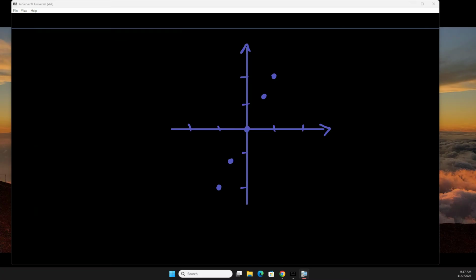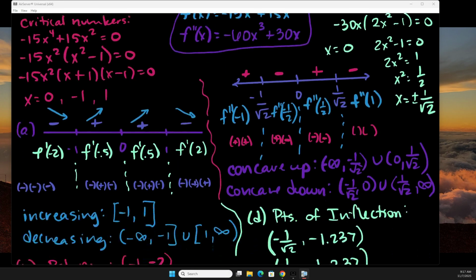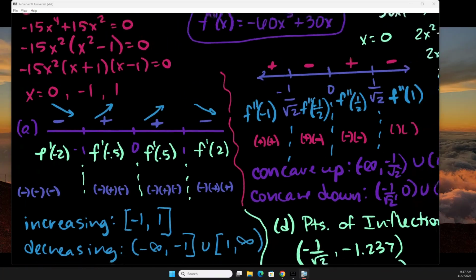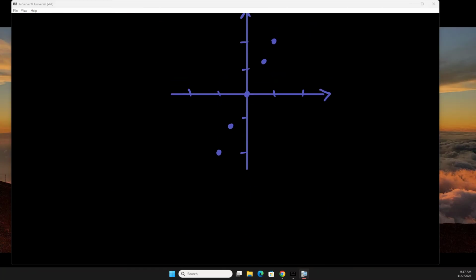Alright, and then we want to start off decreasing, right? So when we did our little table right here, we decrease all the way to where x is -1. So we'll do that, we'll be decreasing. Now this is a polynomial function, so we will have smooth rounded turns. Oh, we are also concave up there.